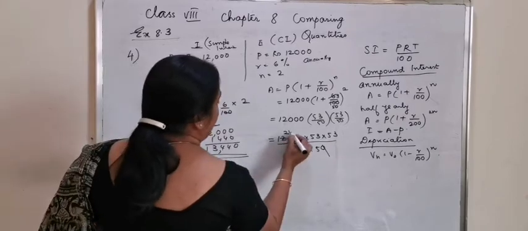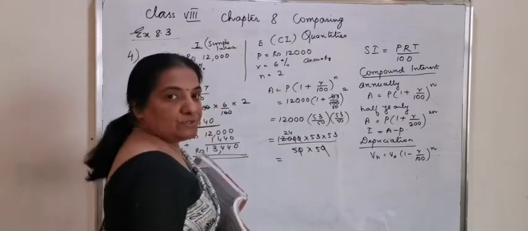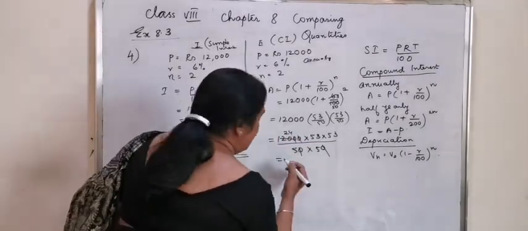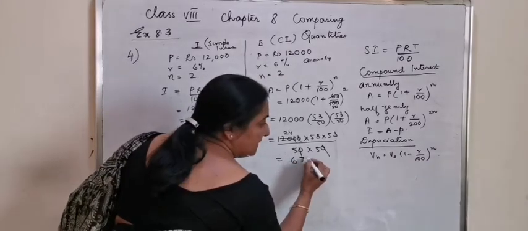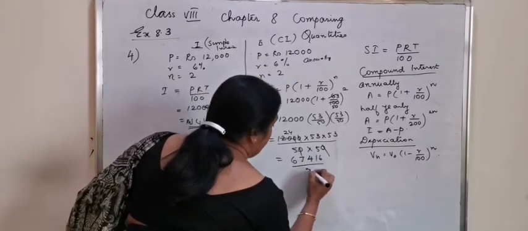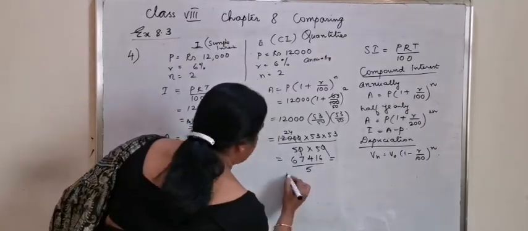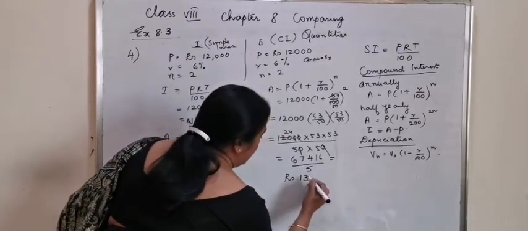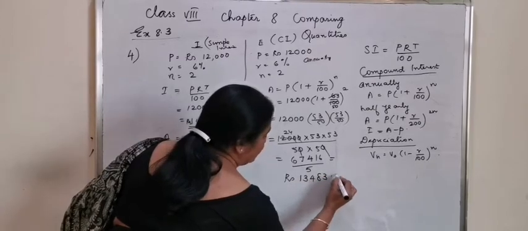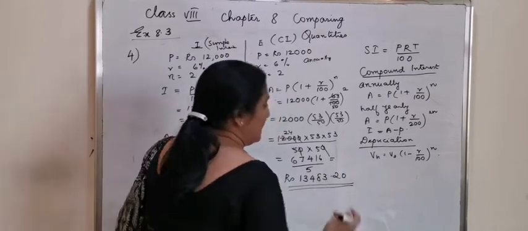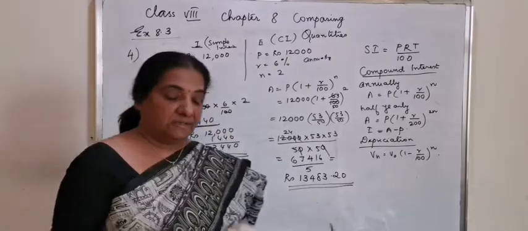By 5, 24. So after simplification, you will be getting it as 67,416 by 5, which will be the same as rupees 13,483.20. And now you can multiply and check the answer.